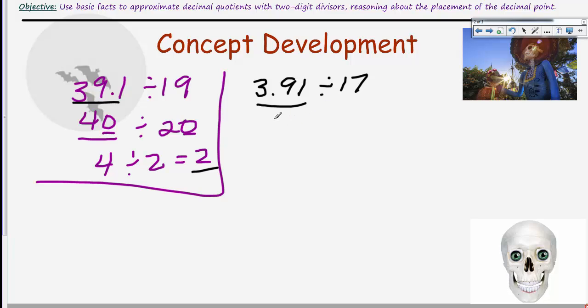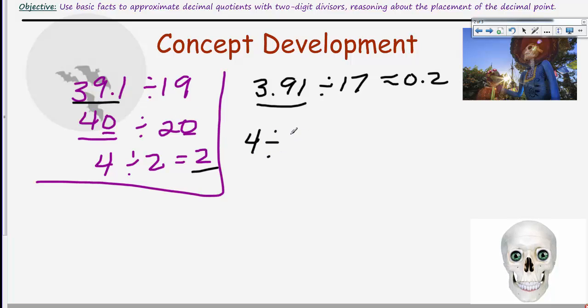So if the answer we arrived at was 2, then our answer is going to be 1/10 of that size, or 2/10. Exactly, because the number we're dividing, the dividend, is 1/10 of that value. Now let's look at 4 divided by 20.